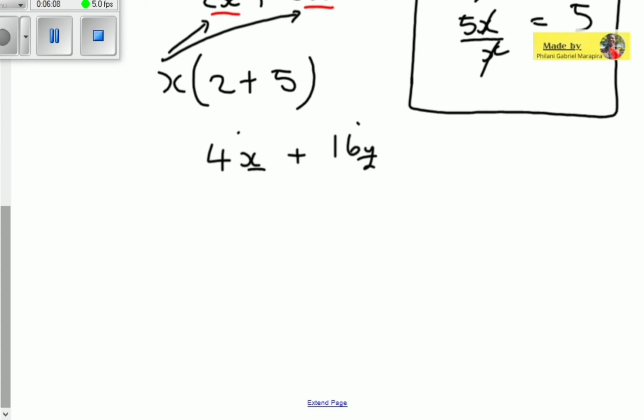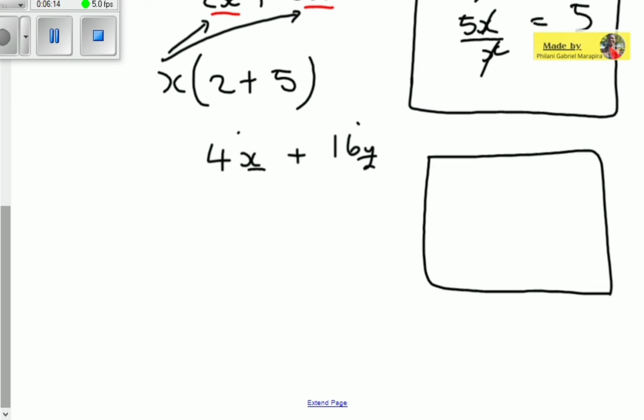So forget about the x and y. So you move towards the 4 and 16. Let's actually look at the factors of 16 because it's the larger number. So 16 has got the following factors: 1 multiplied by 16, 2 multiplied by 8, and then 4 multiplied by 4, and then 8 multiplied by 2, and then 16 multiplied by 1.